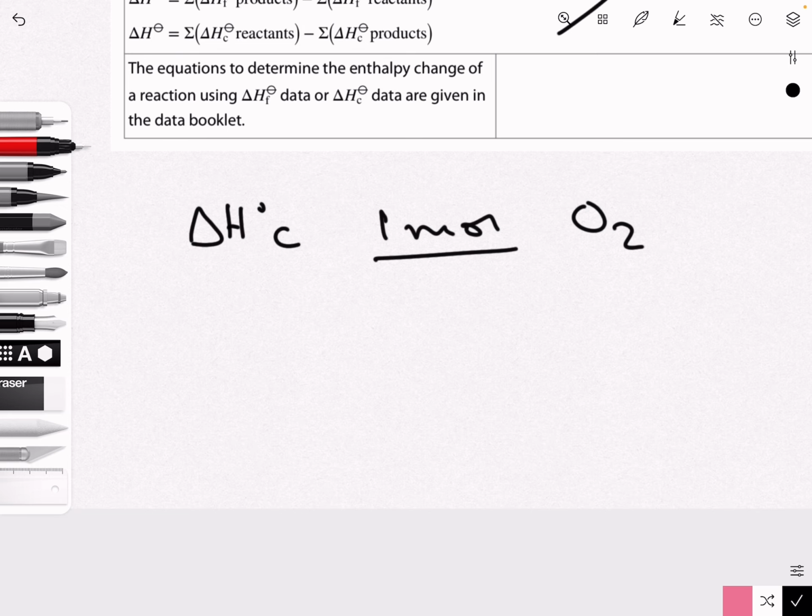So let's draw ourselves a nice energy cycle to visualize this, because it gets a bit more complicated now.